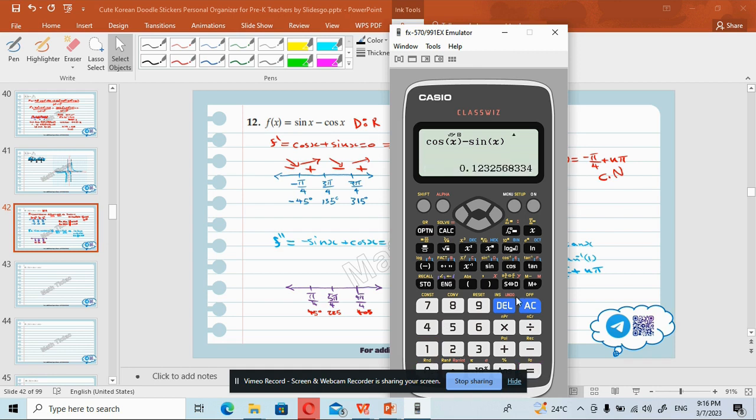So this is positive. Then let's take a value between 45 and 225. Let's take 200, for example. Calc at 200. So this is negative.